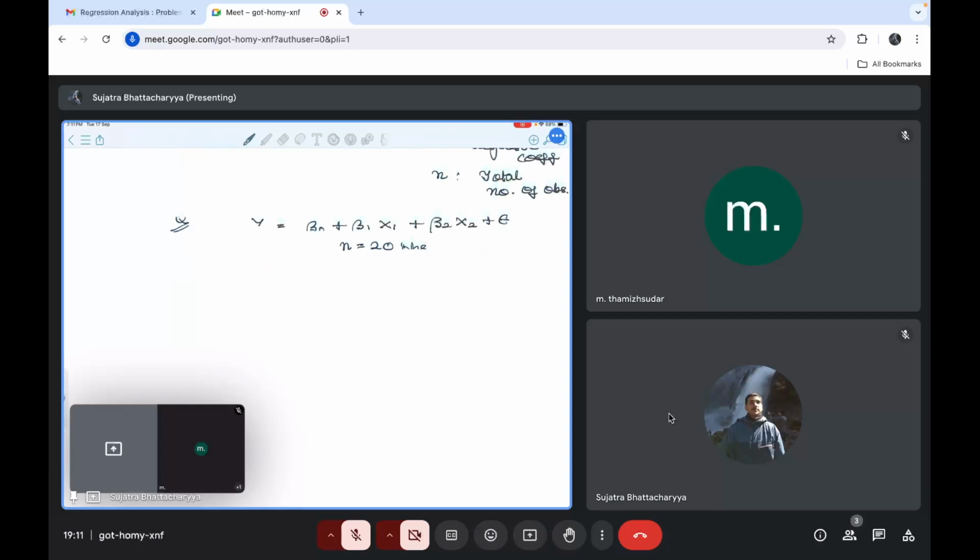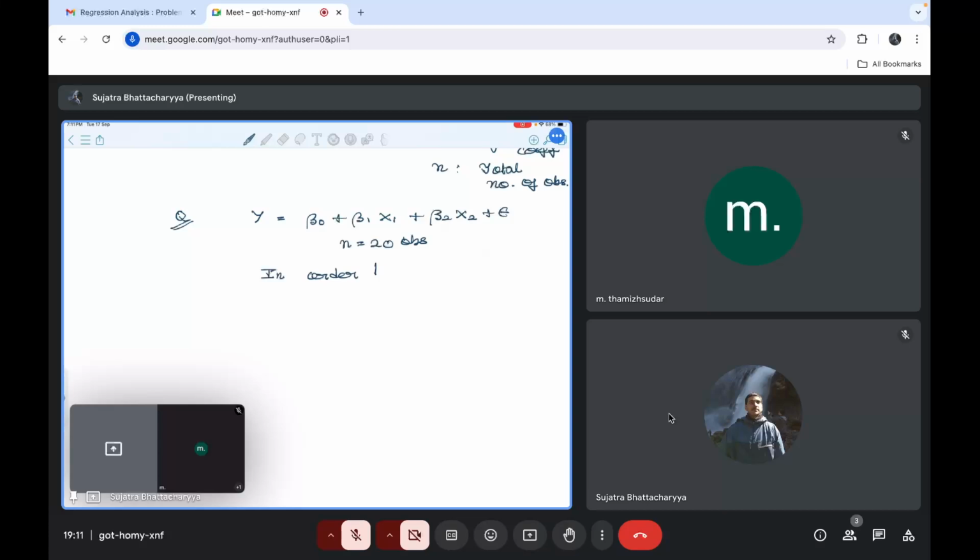Now in order to identify possible influential observation, the total number of DF fits to be computed is. So we have discussed this.